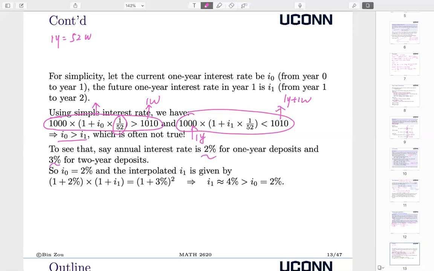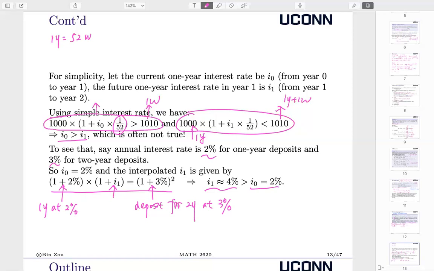Now, if there is no arbitrage, meaning people are indifferent between depositing for 2 years at 3%, or depositing for 1 year at 2%, then withdrawing the money and depositing again for another year at the interest rate of I1, we get I1 is about 4%. It's bigger than the current interest rate, 2%. So that's why I say this is often not the case.